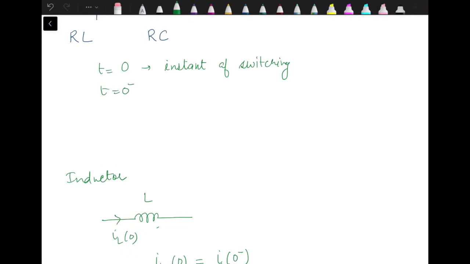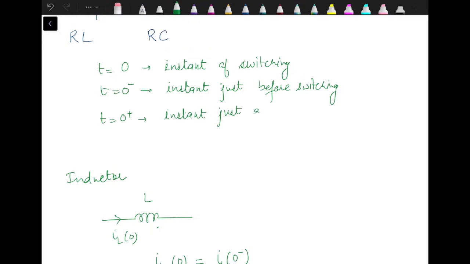T equal to 0 minus is the instant just before switching. T equal to 0 plus is the instant just after switching. So we have three different instants.